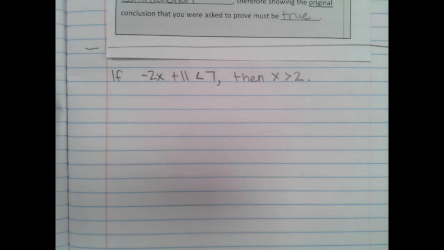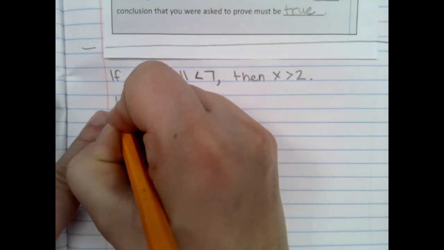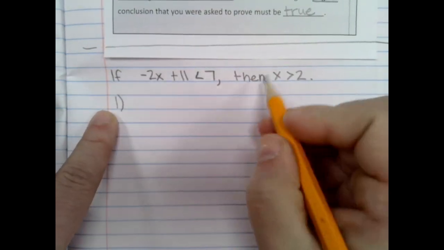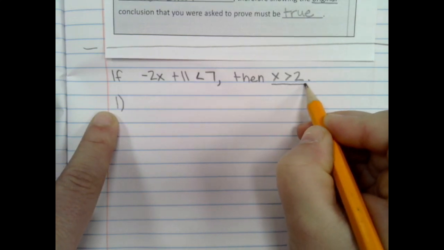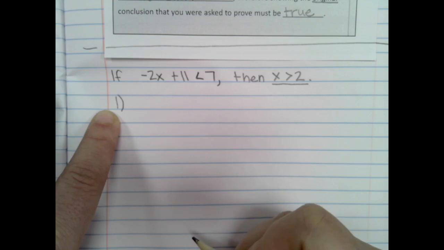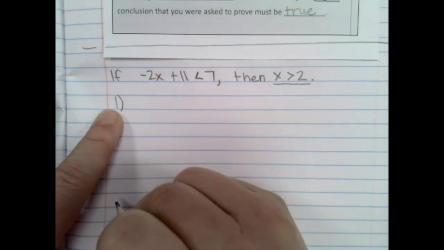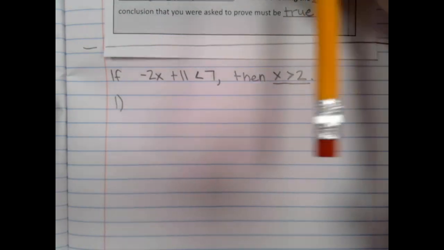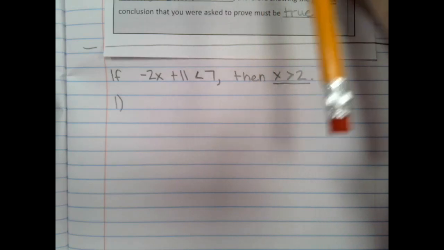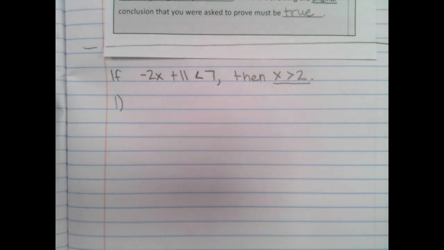Okay? So for step 1, we need to assume the opposite of our conclusion. Our conclusion is x is greater than 2. So what would be the opposite of x is greater than 2? What are our other options than x is greater than 2? We only have numbers in this whole world that are greater than 2.